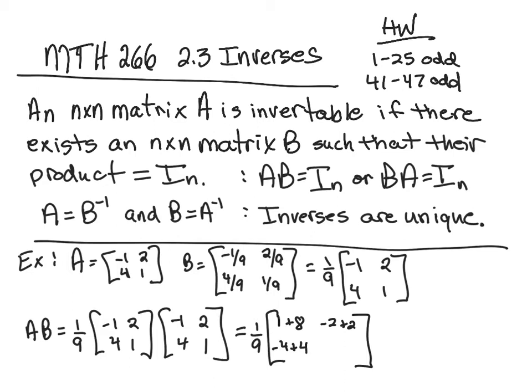Column 2, 4 times 2 plus 1 times 1. And you see I have 1/9 times 9009. And that is the identity matrix in a 2x2.